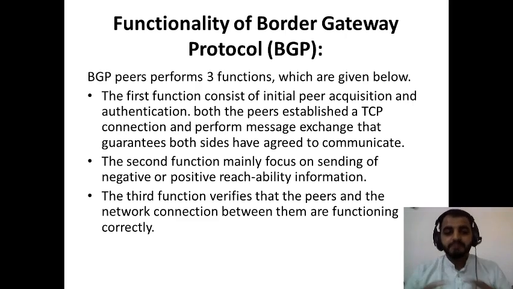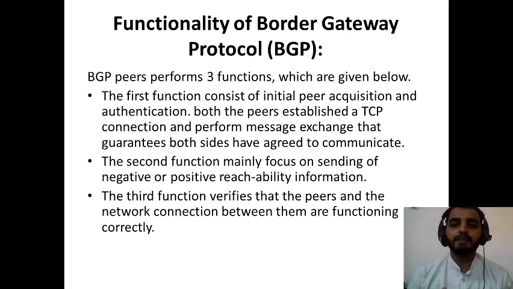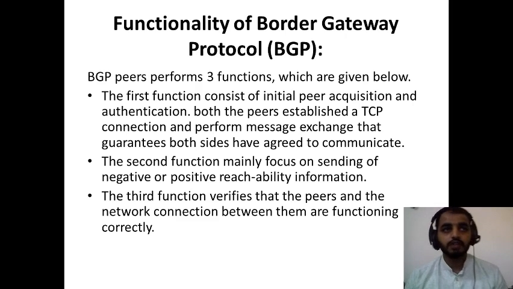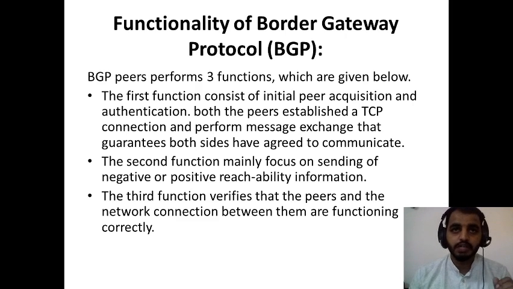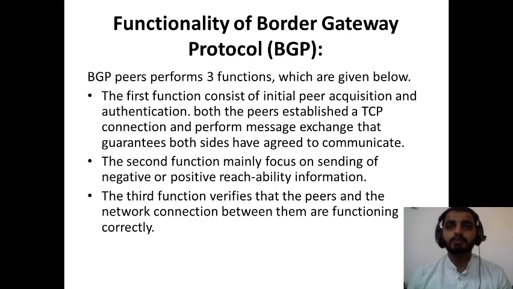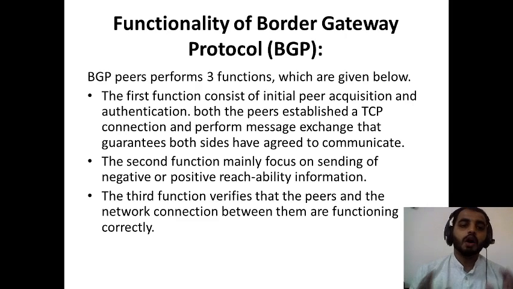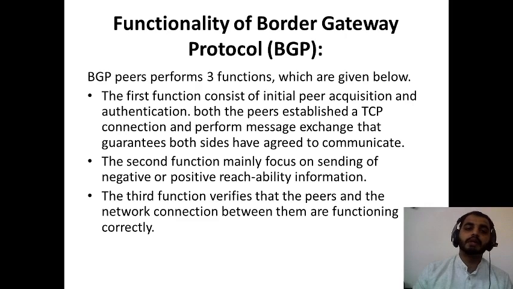It means this border gateway protocol is used to communicate between two autonomous networks. Here we are speaking with reference to autonomous networks, in the sense of a network in which we have never been, or a network with which we never had communication, and we have no idea about it.